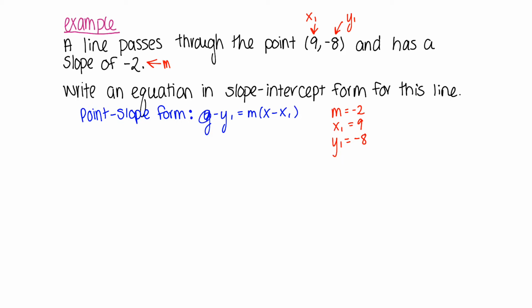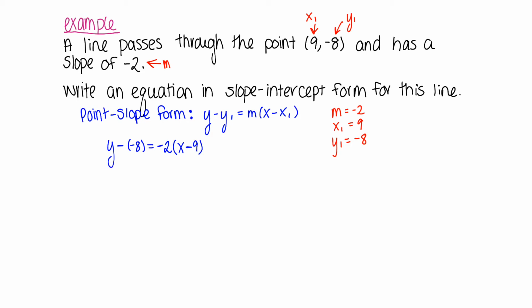This y here stays the way it is. We're only plugging in for y1, m, and x1. So we have y minus -8 is equal to, m is -2, and then leave x alone, minus x1 is 9.